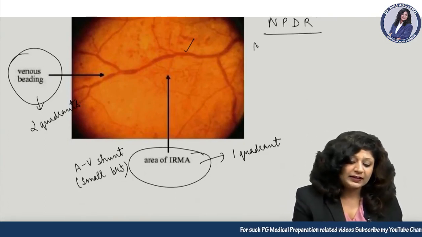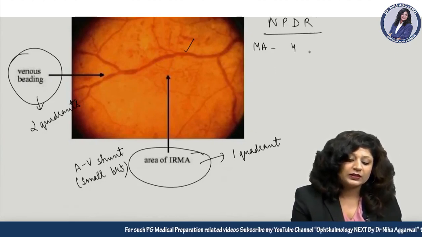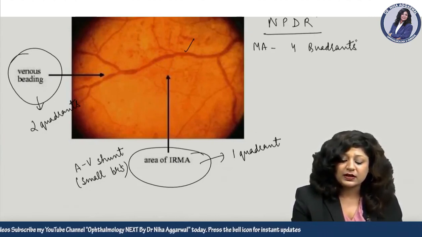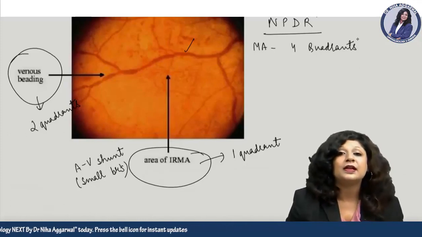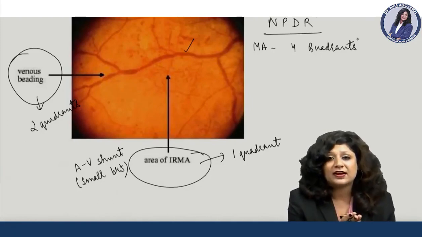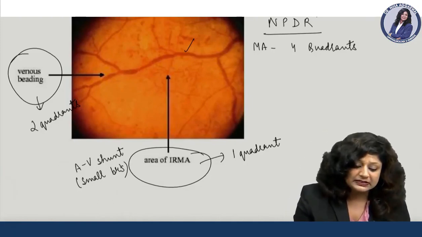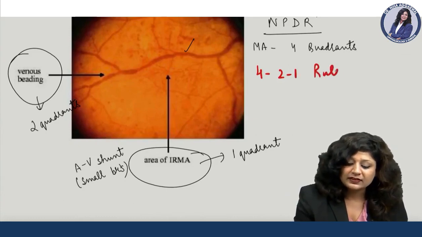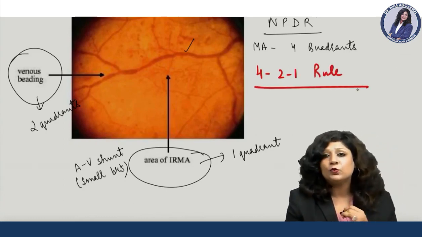And if you are getting microaneurysms in all the four quadrants, then I will say that this is a severe NPDR, and together this is called the 4-2-1 rule.